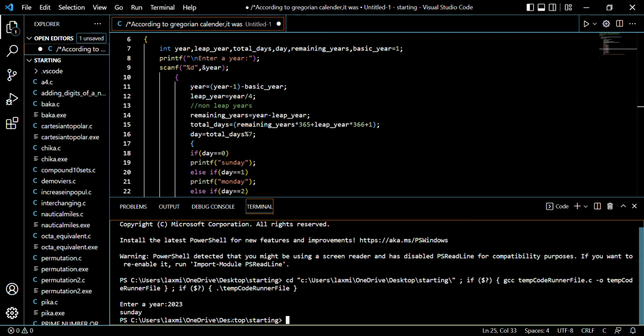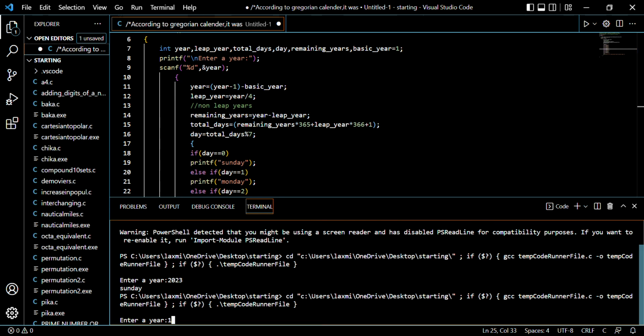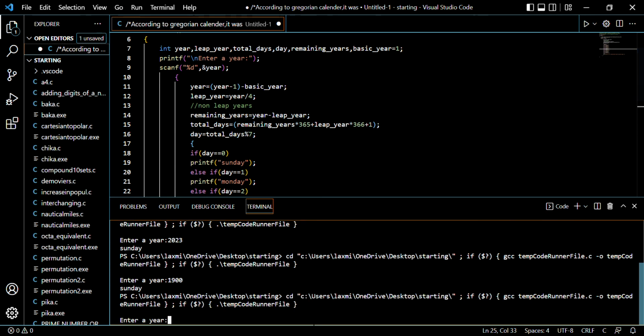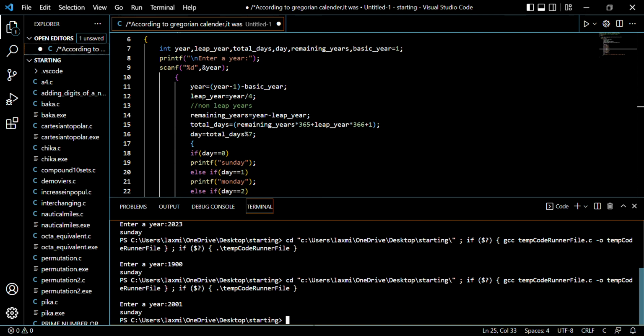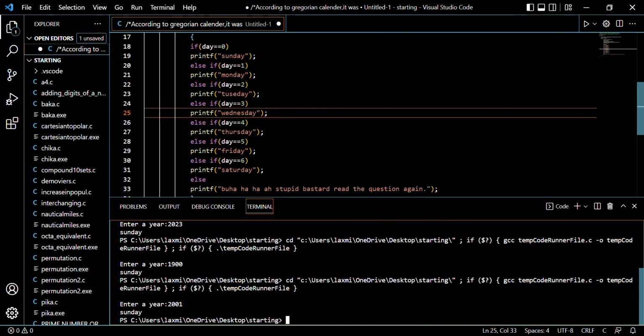Yeah, this sucks. So let's calculate for 1900. Oh, 1900 is also Sunday. So 2001 is also Sunday. So I guess we are lucky then. You know, we are getting all Sundays.